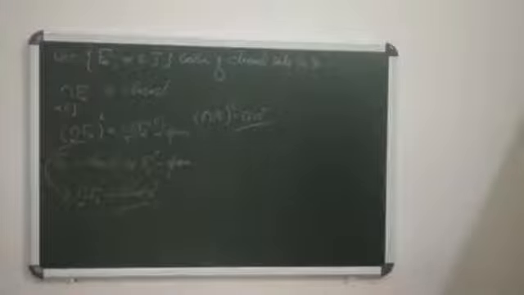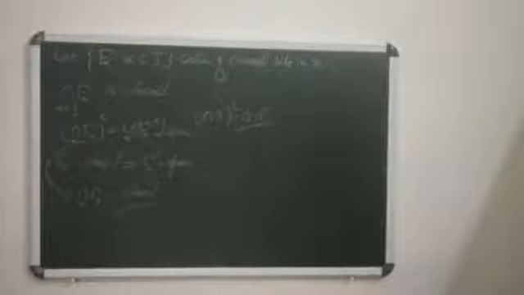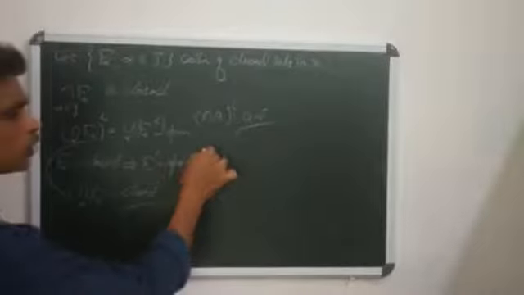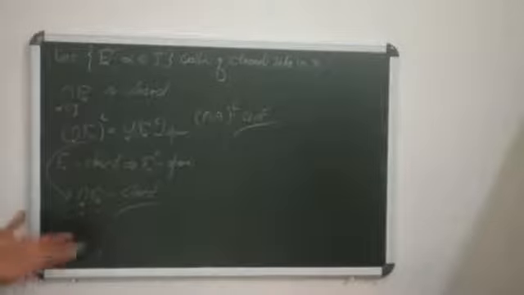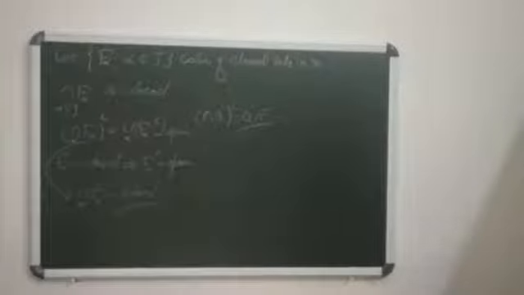Any union of open sets is open. So similarly, any intersection of closed sets is closed. Also, we proved that the finite intersection of open sets is open. Here, what about the finite union of closed sets? By the same argument, we can prove that the finite union of closed sets is closed.